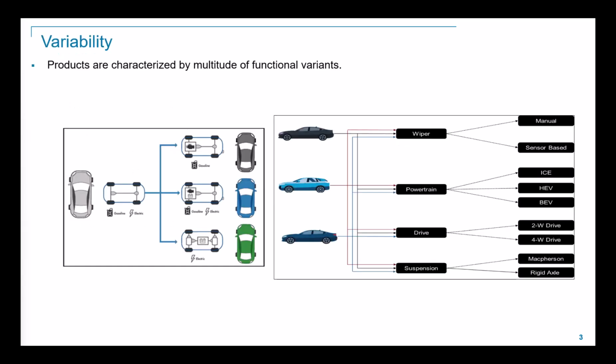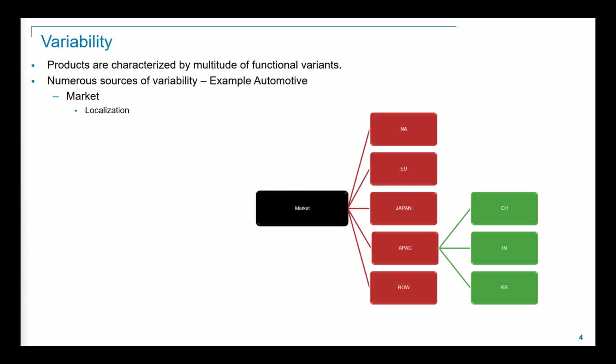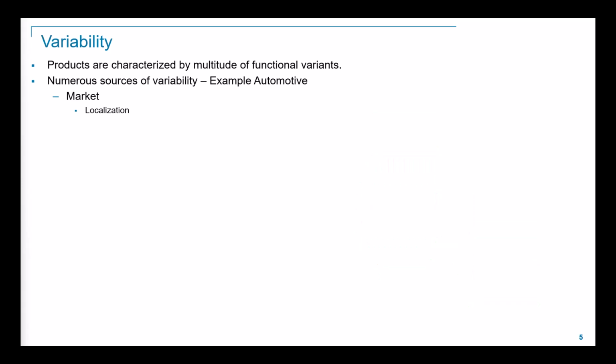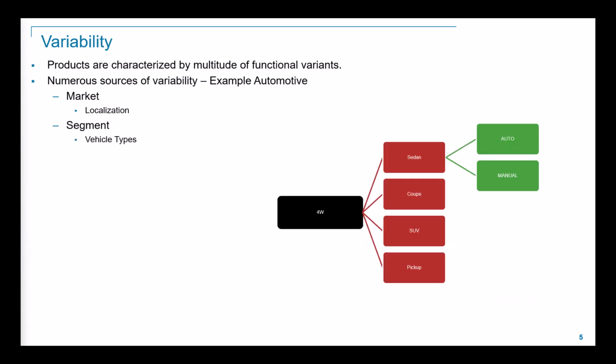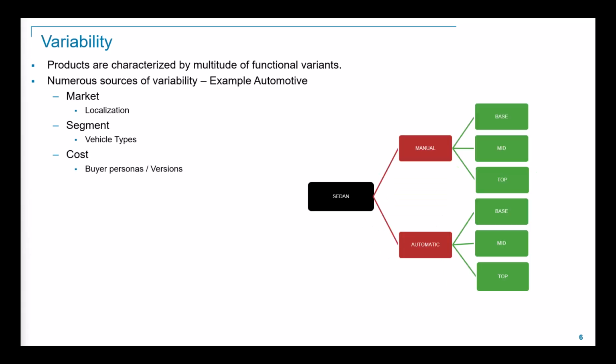Products are categorized by a multitude of functional variants. So there are numerous sources of variability. For example, if we consider an automotive application, there is variability due to market and localization related topics. There is variability due to segment and vehicle type topics. And there is variability due to cost, buyer personas, and versions.